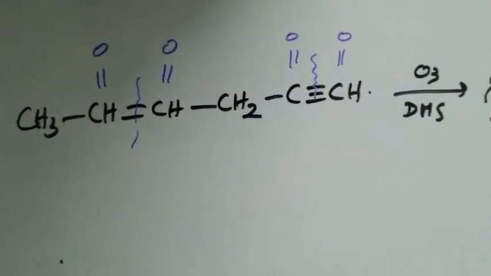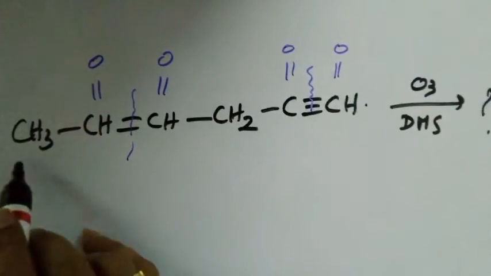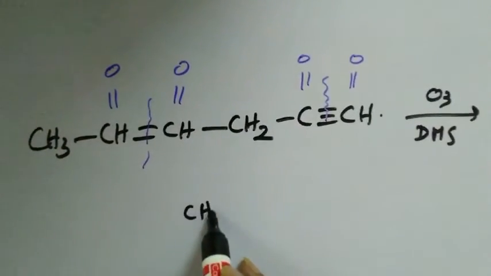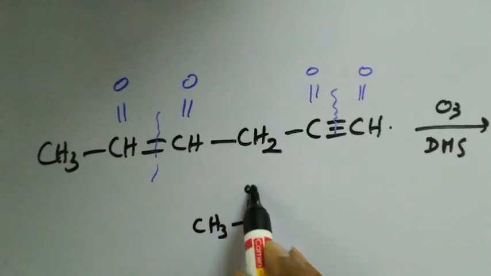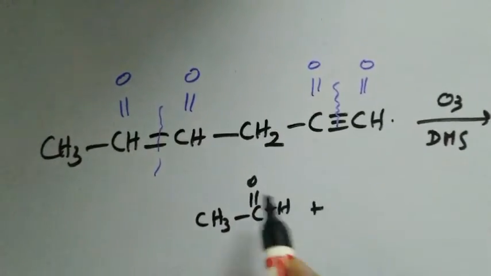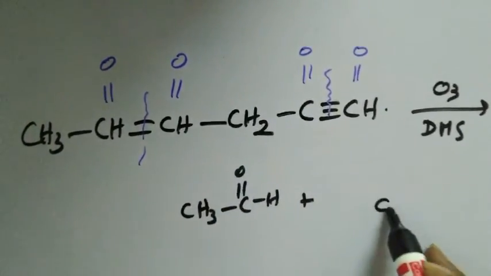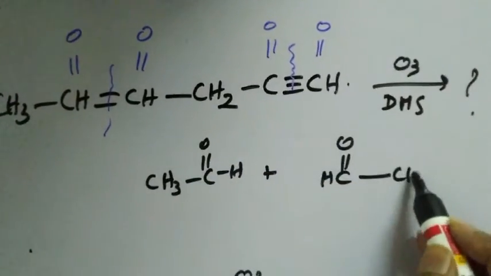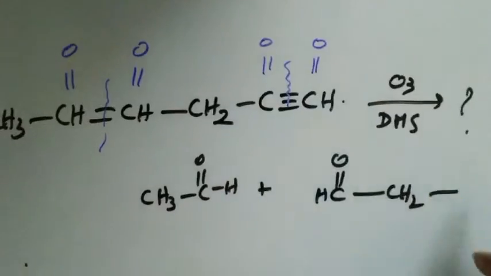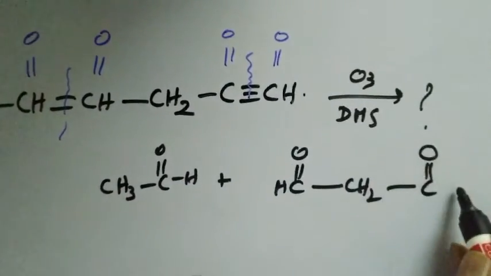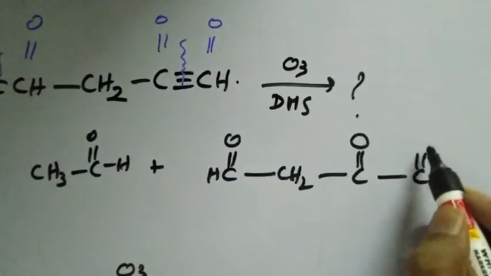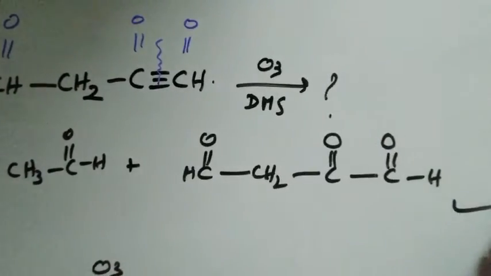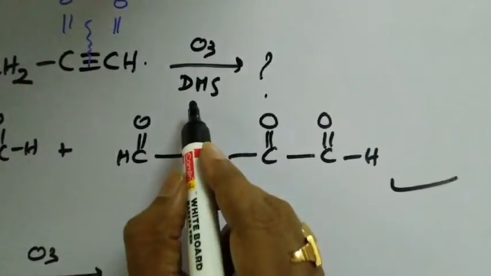So as a result, what is the final product? Let us write down the final product. This is CH3CHO, CH3CHO. Then what is the other fragment? CH double bond O, single bond CH2, single bond C double bond O, single bond CHO. That's it. This is the product obtained because it's a reductive ozonolysis.